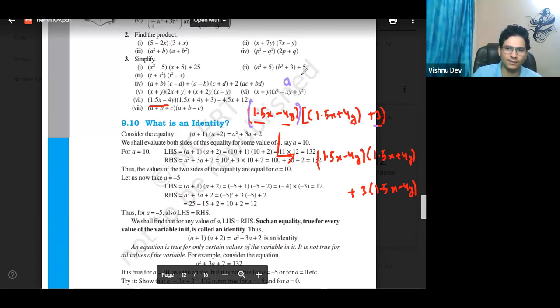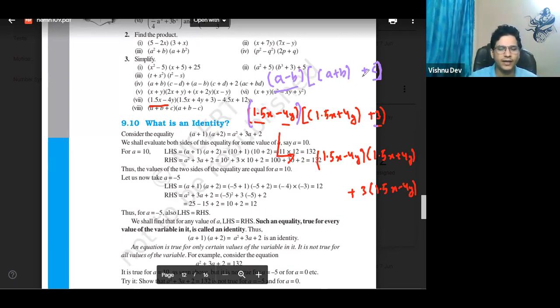Instead of this, if I'm writing like this: a minus b multiplied with a plus b plus c. See the purple one. A minus b is multiplied with a plus b plus c.